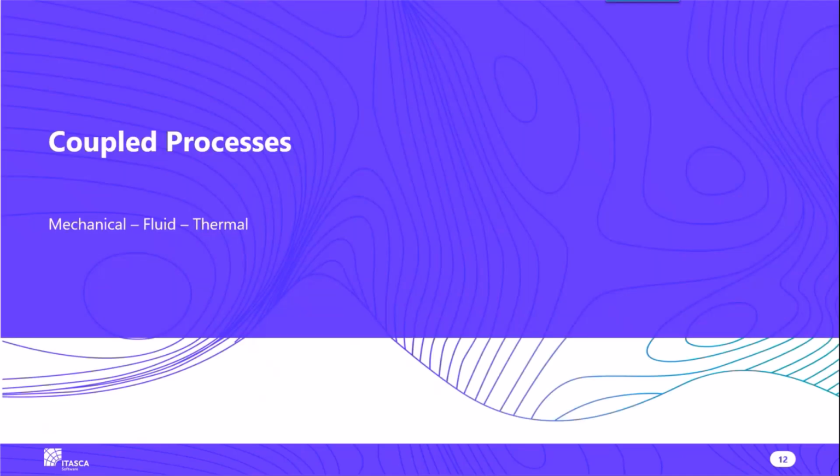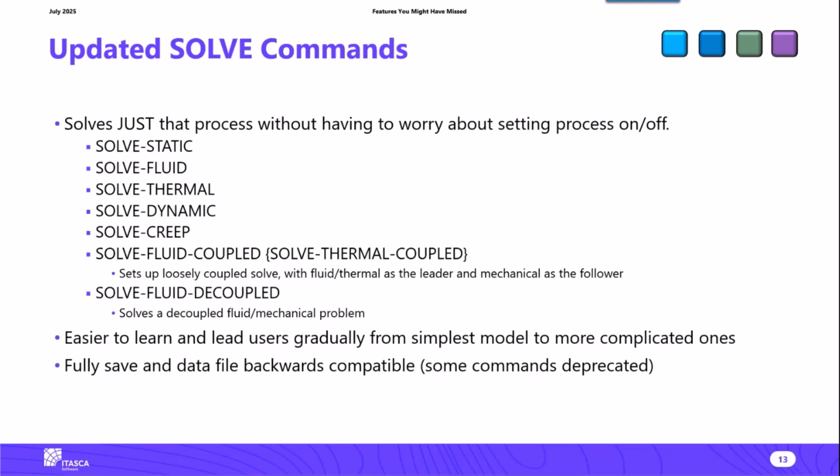Next, we'll talk about coupled processes: mechanical, fluid, thermal, etc. We updated the solve commands. It's set up so that it solves just that process without having to worry about setting other processes on or off. Sometimes this could get a bit convoluted, especially through the data file, and now everything is greatly simplified.